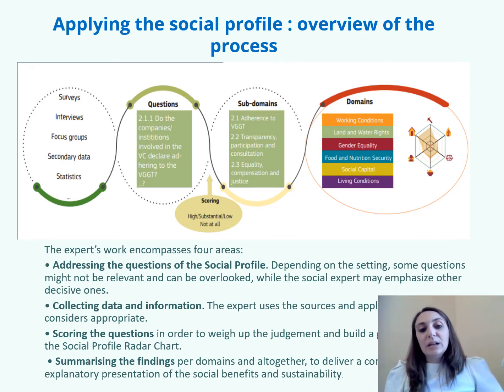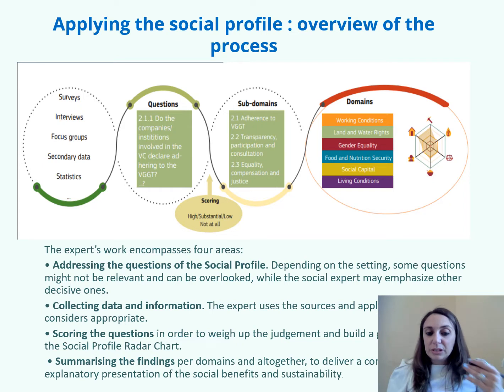The process of work of the social expert can be summarized in 4 main steps. The first is to address the questions of the social profile, try to read them, understand them, and see if they are applicable or not to your case.